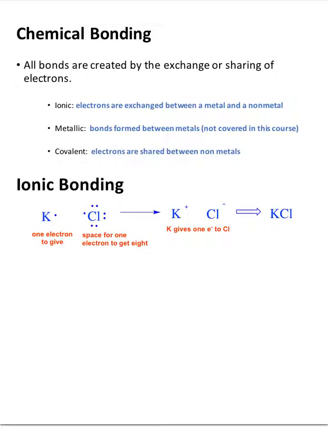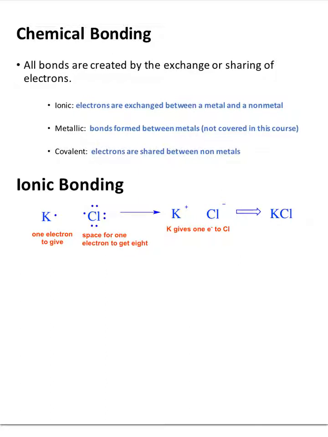So if we look at an example of an ionic bond, I've picked potassium, which you can find on the left-hand side of the periodic table, and chlorine, which you can find on the right-hand side. If we count up valence electrons according to the rules we talked about on Wednesday in class, we note that potassium has 1 valence electron and chlorine has 7 valence electrons.